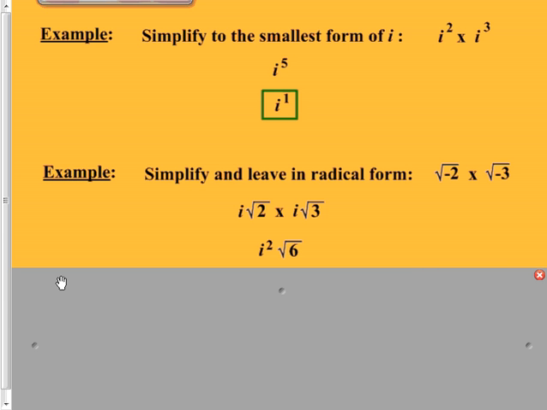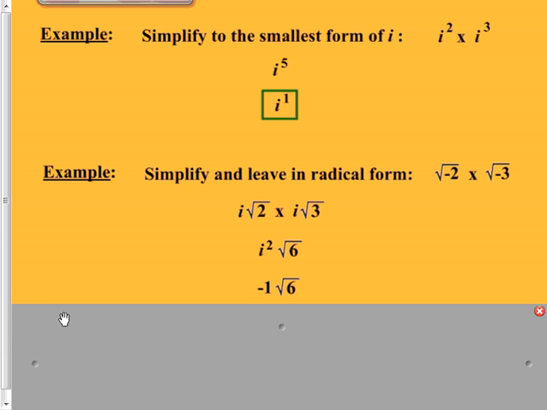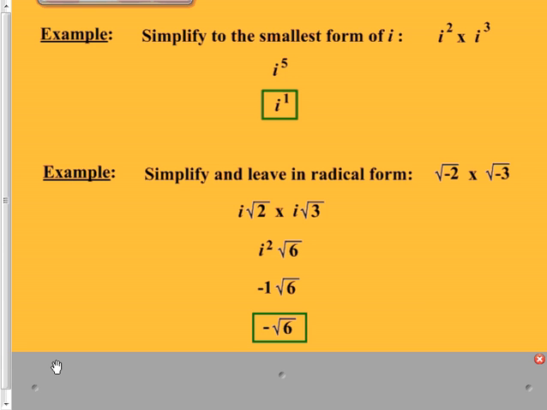But what do we know about the i squared? The instructions told us to get this in radical form, not i form. So i squared can be simplified. i squared is the value negative 1. So our answer in this case would be the negative of square root of 6.